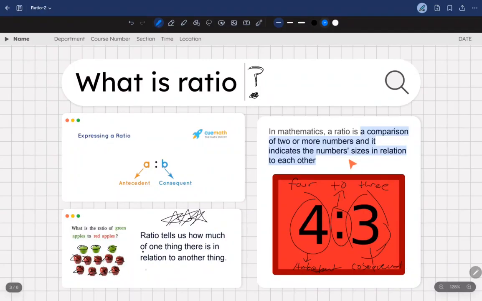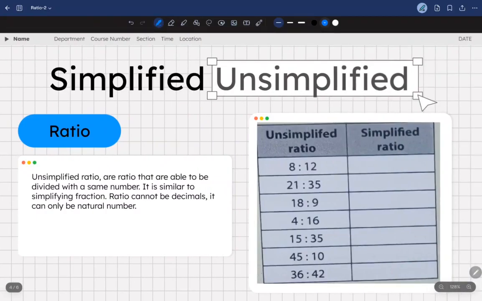So it goes 3 to 9. Just like that. This is the ratio. When there are 3 green apples, there are 9 red apples. Simple as that. Now let's keep going.